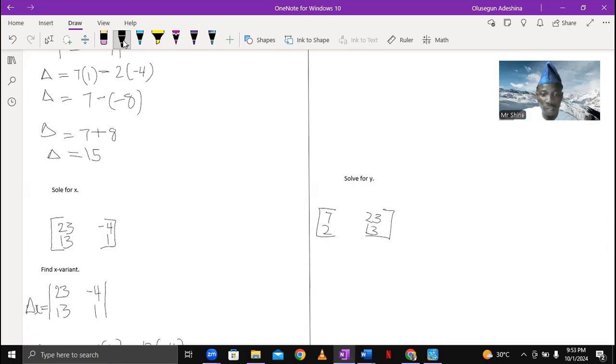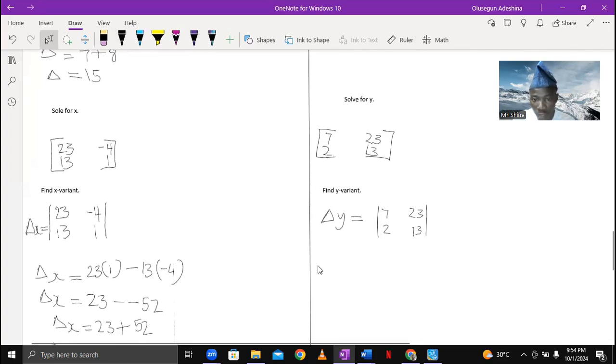Now, what is the next thing? The next thing, of course, just like we did for x, is to find the y variant. Find the determinants of y. So we can use this symbol as well. Y determinant equals, we draw the two lines, 7, 2, 23, 13. So that means we are looking for the determinant of this matrix.